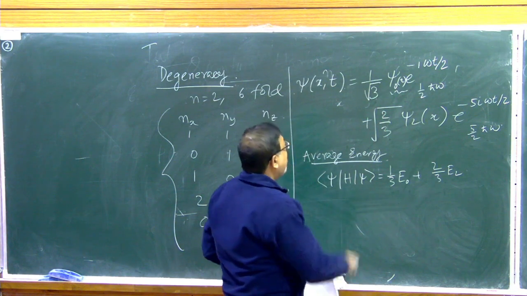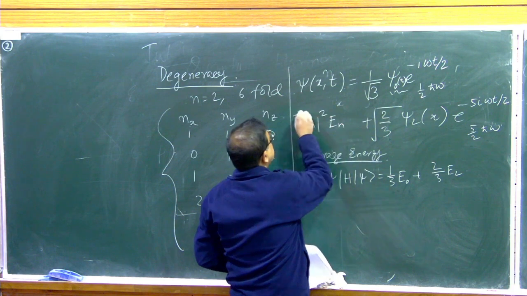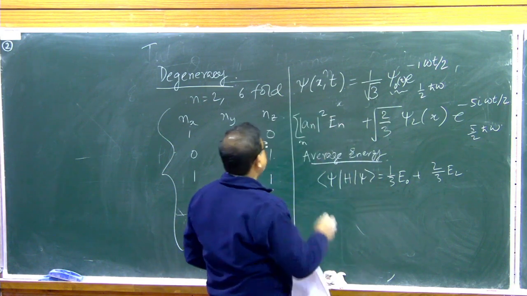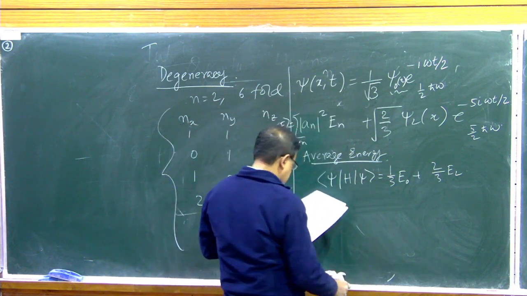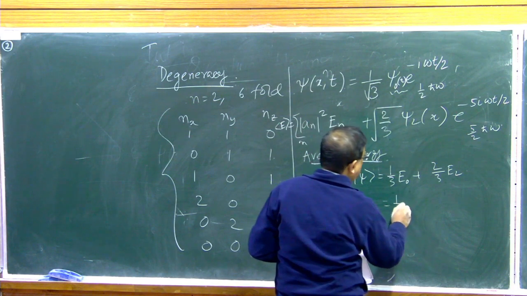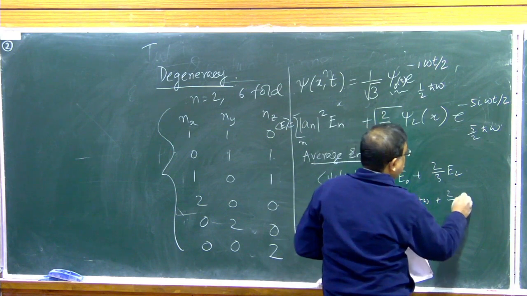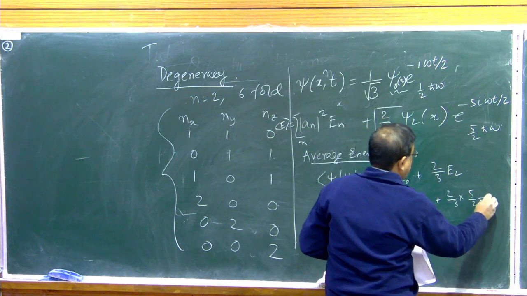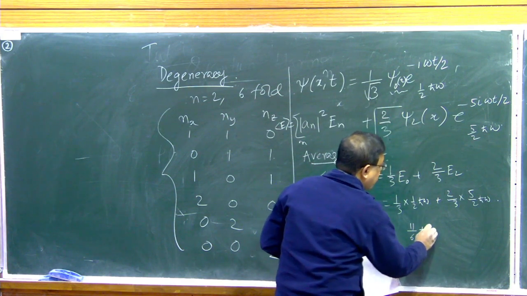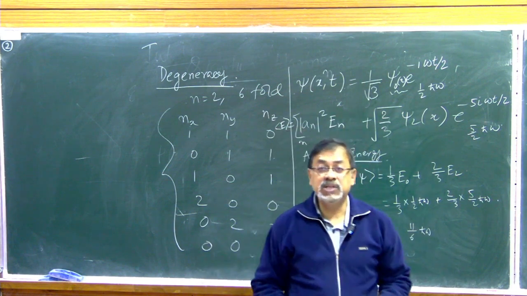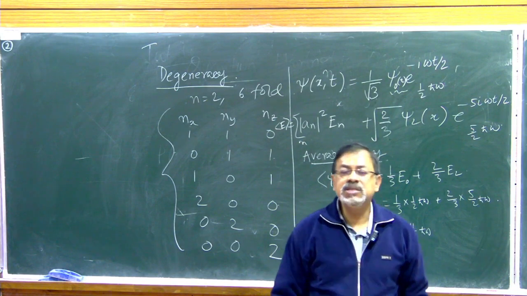So it's the sum over n of mod c n squared times En. That's the average energy, which let's call E. So it's 1/3 into half h cross omega plus 2/3 into 5 half h cross omega, which is equal to 11 by 6 h cross omega at all values of t. So time doesn't make a difference to the energy, because it's a stationary state.